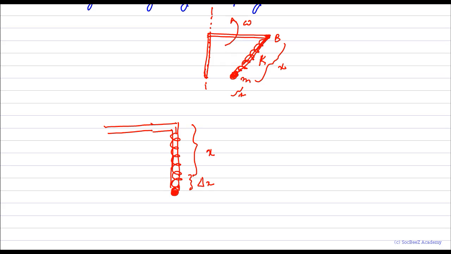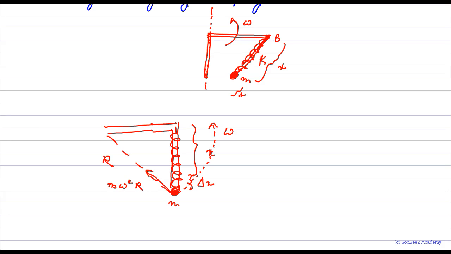This whole body is moving in a circular path with an angular velocity of omega. Since it is moving in a circular path, it would require a centripetal force whose magnitude is going to be given by m omega square r, where r is the radius of the circular path.